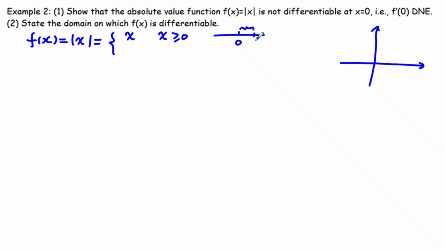So if the point is 3, the distance is positive 3. If we have a point at -4, the distance from -4 to 0 is positive 4. So the absolute value gives you the distance from that point to 0.